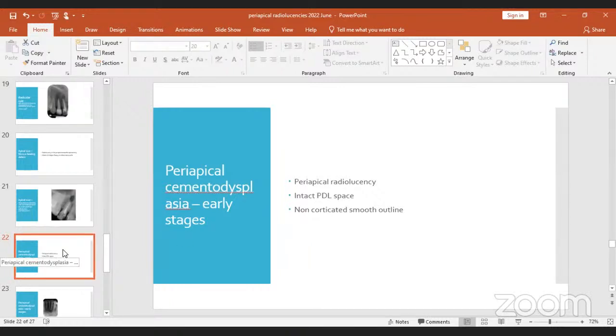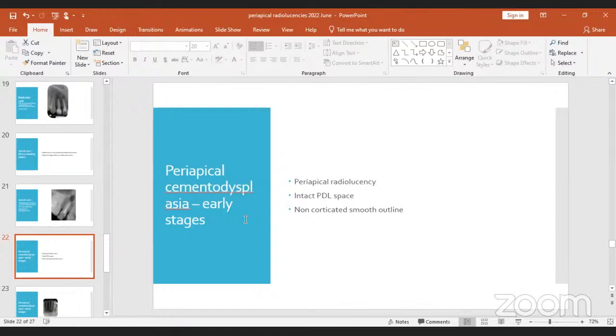Other lesions that may give you periapical radiolucencies will be fibro-osseous lesions, especially periapical segmental dysplasia. These fibro-osseous lesions, in the early stages, are radiolucent, and then in the middle stage you start forming some calcified tissue, so they become mixed, and in the late stages it becomes completely calcified, so you find a radiopaque lesion.